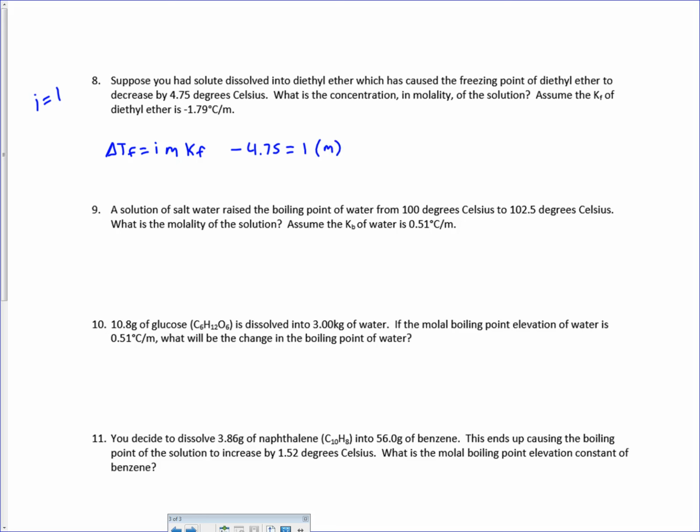It tells us that the Kf for diethyl ether is negative 1.79. So you can solve this for m, and you get that the molality is equal to 2.65 molal.